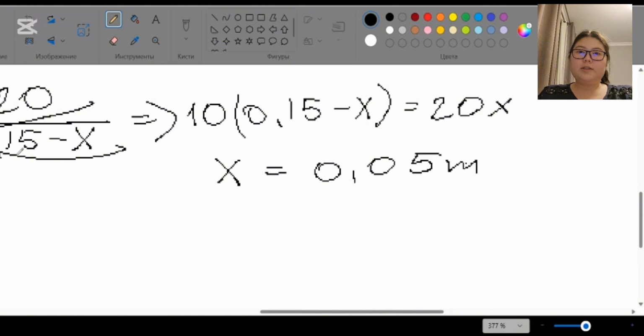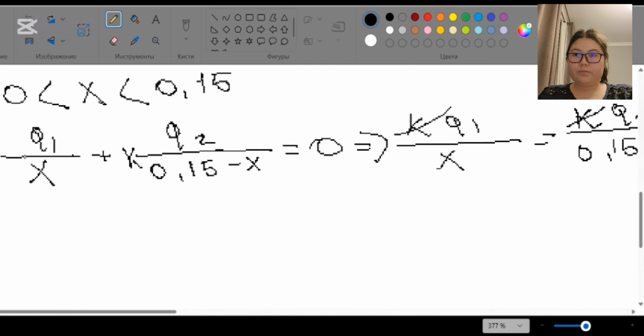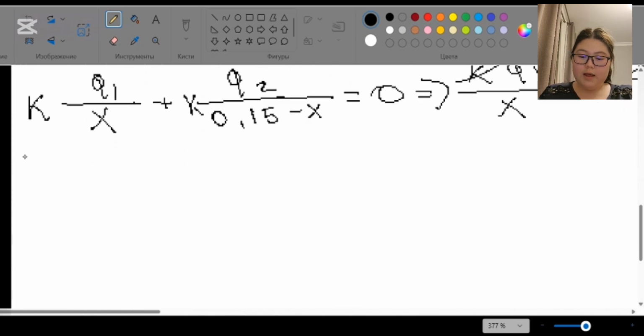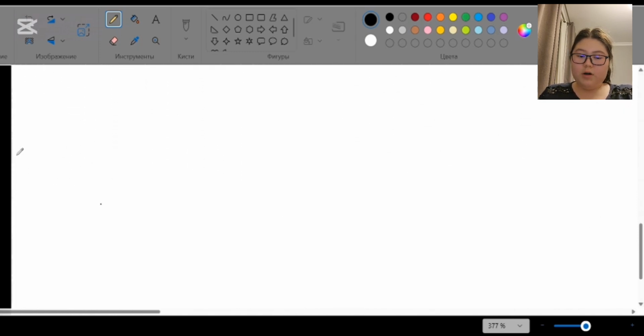Okay, now let's put in the values. Our electric field is equal to electric field for point 1 plus electric field for point 2.